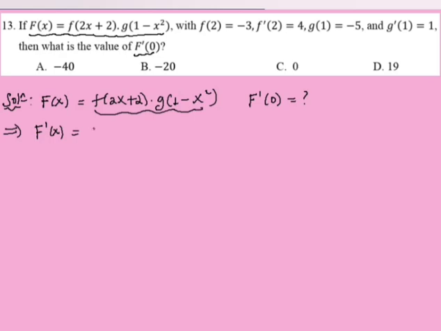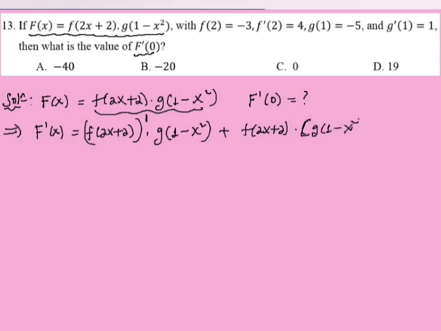Applying the product rule, we take the derivative of f of 2x plus 2 times g of 1 minus x squared, plus f of 2x plus 2 times the derivative of g at 1 minus x squared. So we will apply the chain rule here.